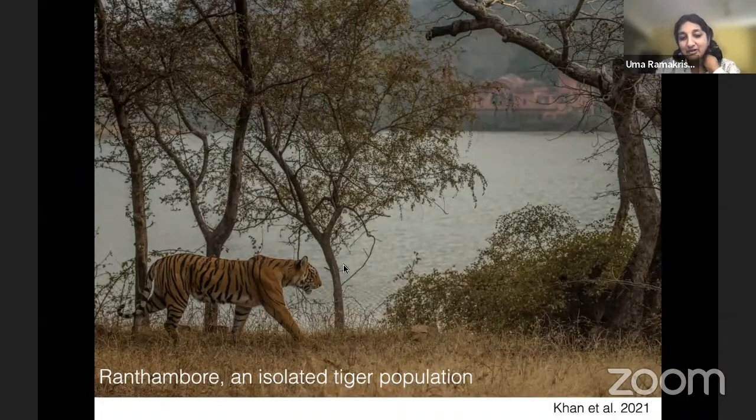And tigers are actually really common in Ranthambore. They're high density, you can see them easily. And so whenever we found these initial signatures of isolation, that signature was more because all the individuals in Ranthambore are related. And so the whole set of individuals looks like one cluster, right? They're all similar, they're correlated with each other.